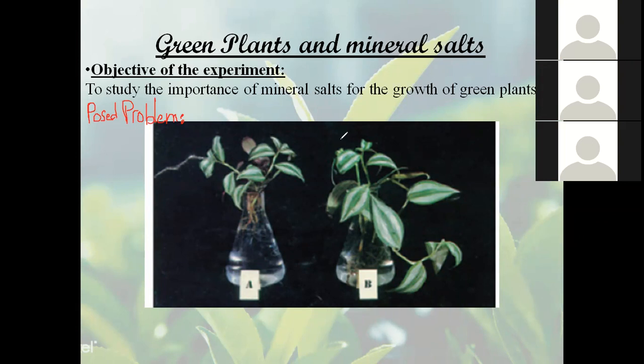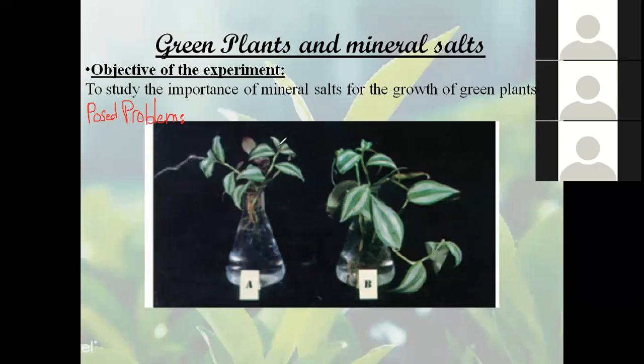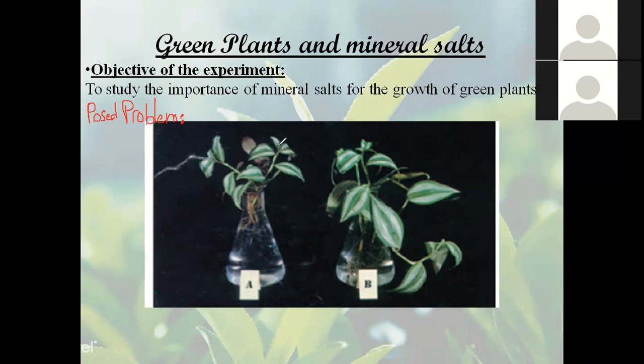We are studying the importance of mineral salts for the growth of green plants. So how can we write it in the form of a question? You can use a WH question. What is the posed problem?